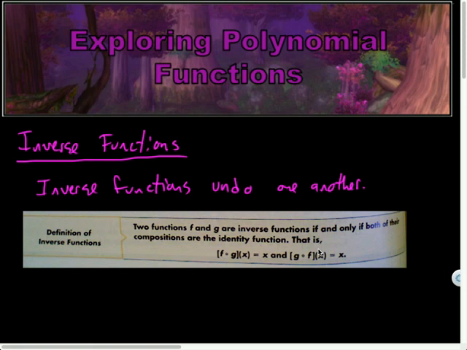If I have a function that's just equal to x, whatever you input gives it back as an output, right? It doesn't do anything. We saw that a little bit yesterday. So basically, f of g of x, f will undo what g did and just give us x back. g of f of x, g will undo what f did and just give us x back.